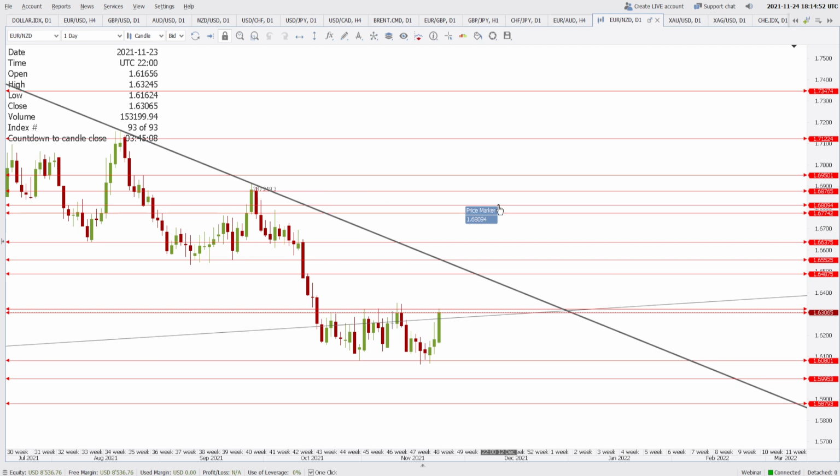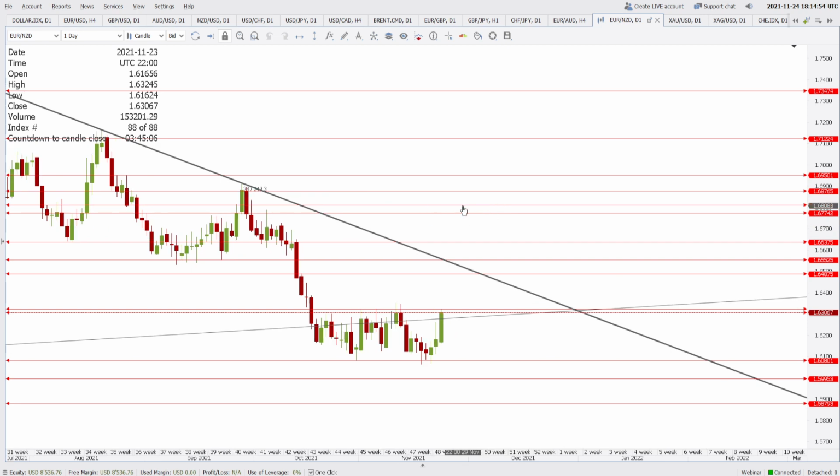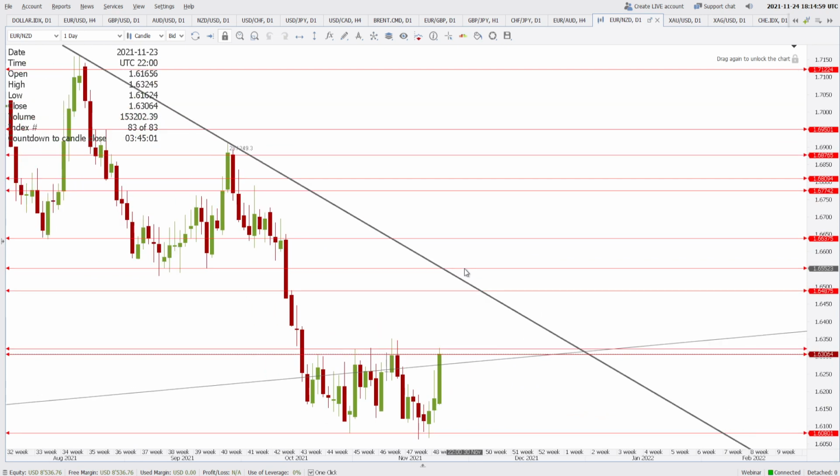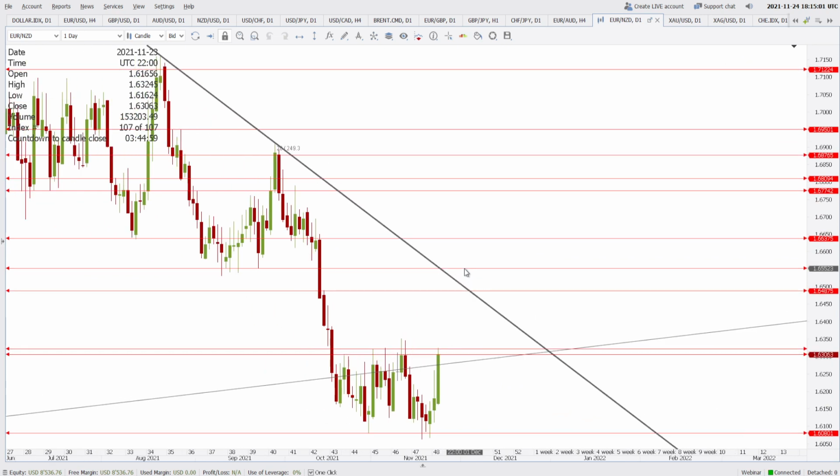Euro is again trading actually at the resistance against the New Zealand dollar. Now the New Zealand dollar against the US dollar is at support. So Euro against the New Zealand dollar is at resistance. We need a closing higher than 1.6321 in this market to see 1.6487. Yes, the price is bullish.